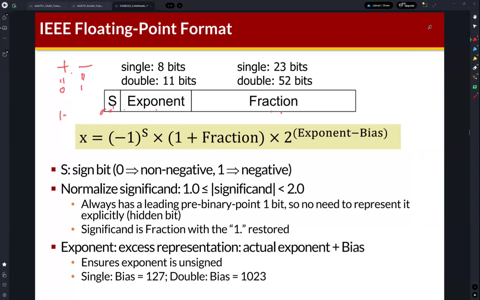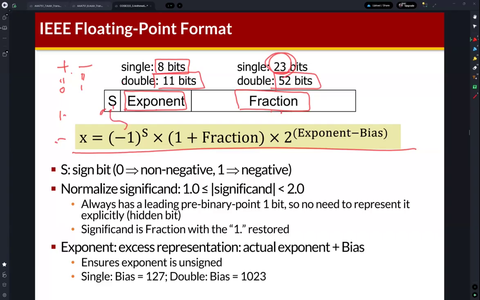And then for the single precision data, the exponent part includes 8-bit data, right? And the fraction part has 23-bit data. Double is different. The exponent has 11 bits, and the fraction can be up to 52-bit data.